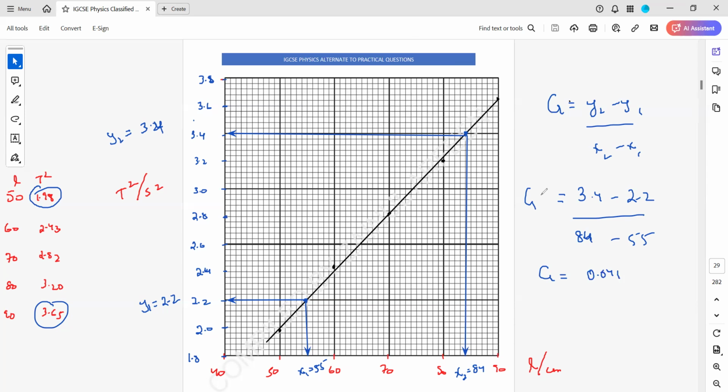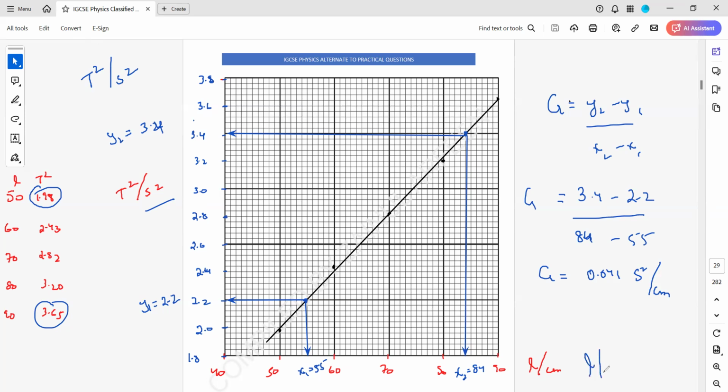What about the unit of the gradient? The unit of the gradient is the unit of the y-axis divided by the unit of the x-axis. So the unit of the y-axis is second square and the unit of the x-axis is centimeter. So it is second square per centimeter. The quantity is t square and its unit is s square.